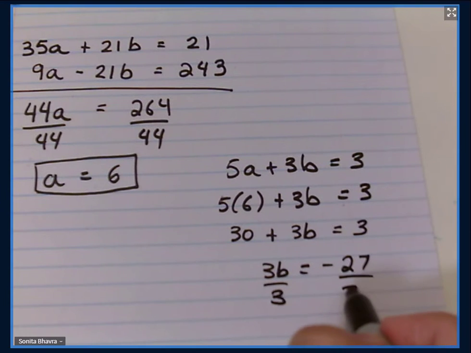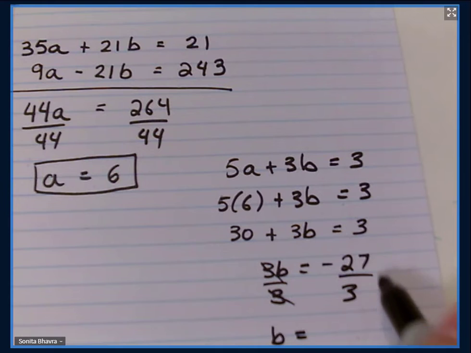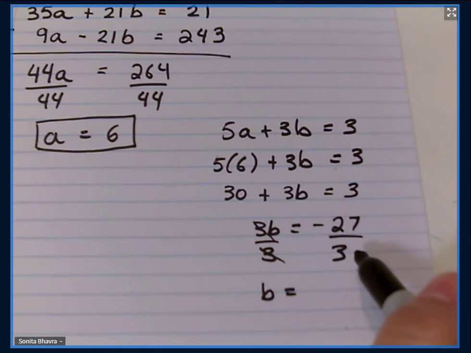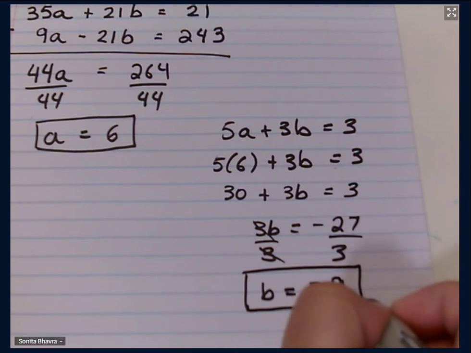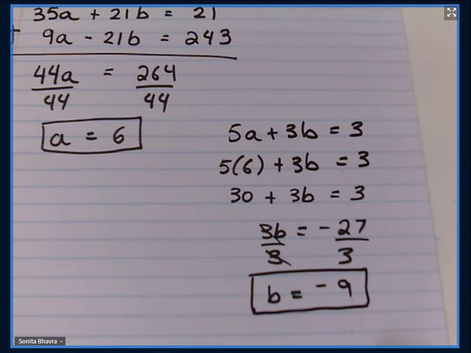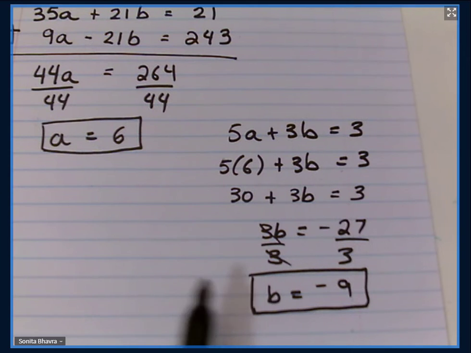Divide by 3 on both sides, leaving negative 27 divided by 3, which is negative 9. And that's it, we have solved for a and b. The last step at the very end is to verify that a equals 6, b equals negative 9 works for both of the original equations.